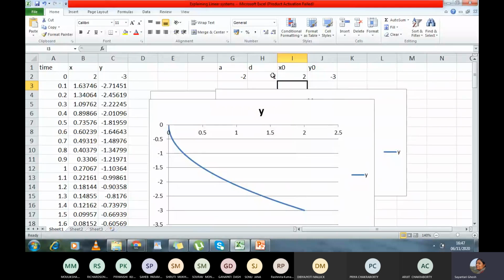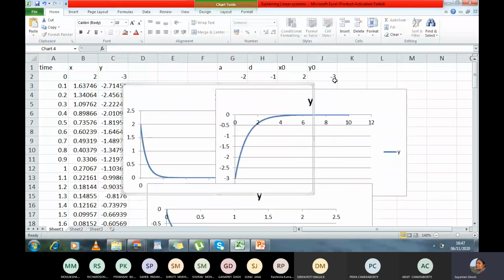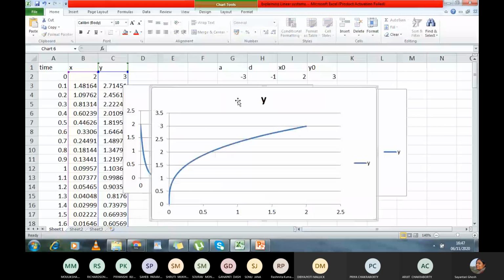Here you can see that x is decaying faster. You already found that x was decaying at a faster rate, right? So x was decreasing more sharply, and that is why the curves were curved towards the x-axis.